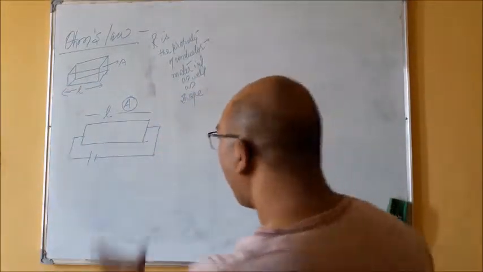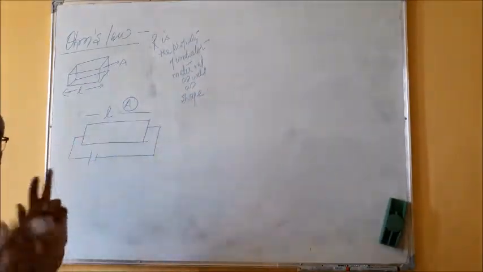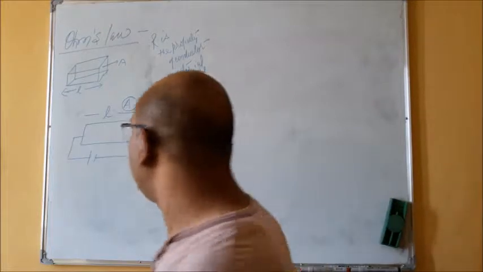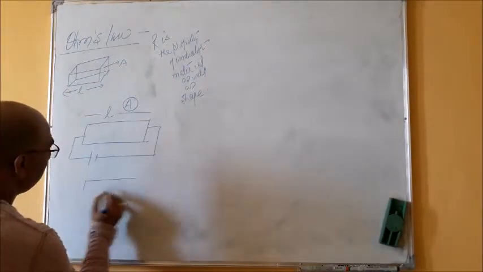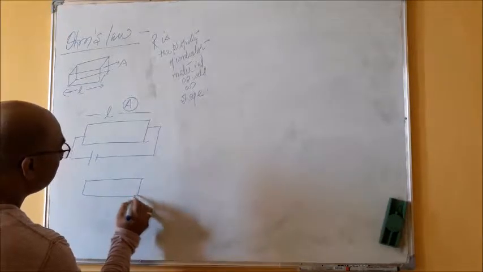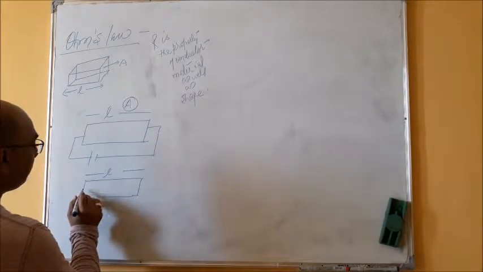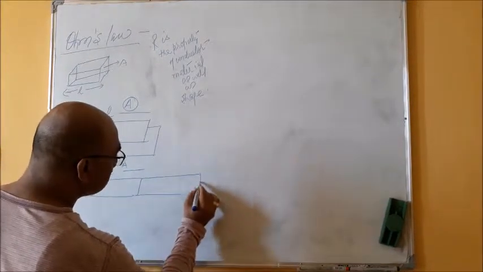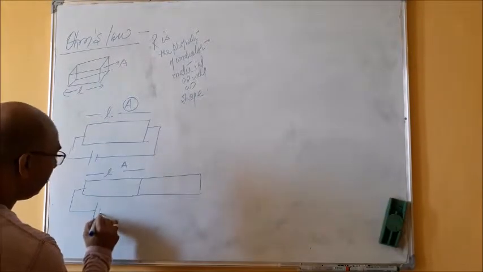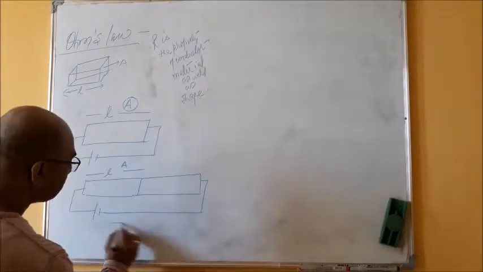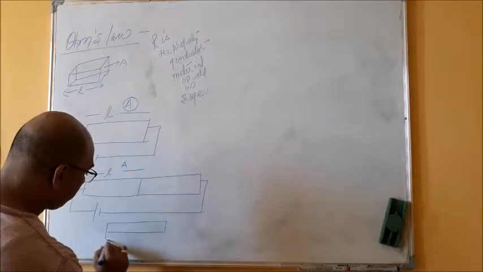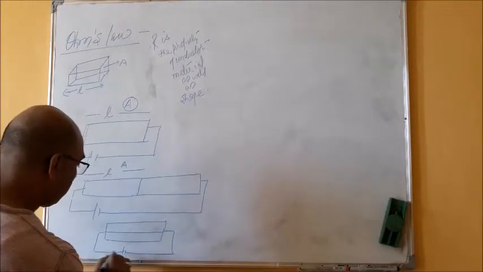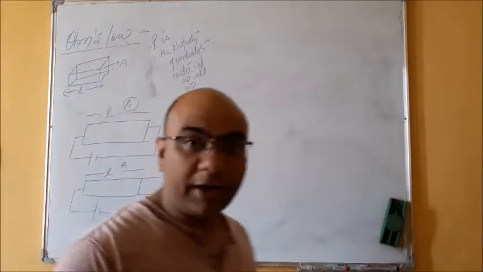Now what I am doing, I am taking two conductors, same material and same dimension. Again I am taking another one with same material and with same length and area, and now I am putting both the conductors, number one in this way, and in second case I am putting in this way, right?